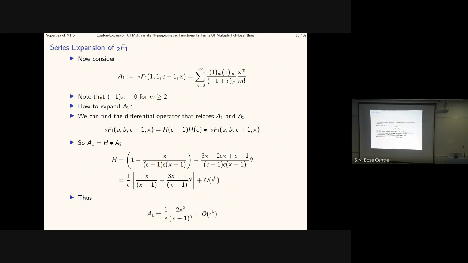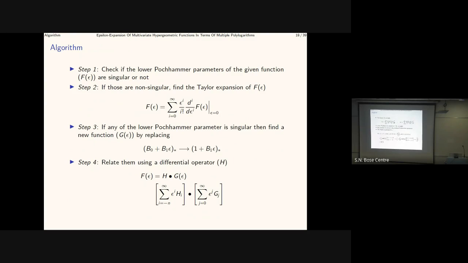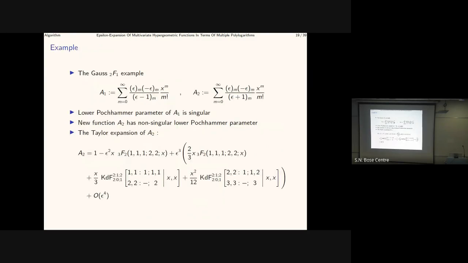Alright, okay. So another example. This time we take again 2F1 with the parameters epsilon, minus epsilon, epsilon minus 1. But note that this lower Pochhammer parameter is epsilon minus 1. That's a singular parameter. So this will have problems while expanding this function in epsilon.